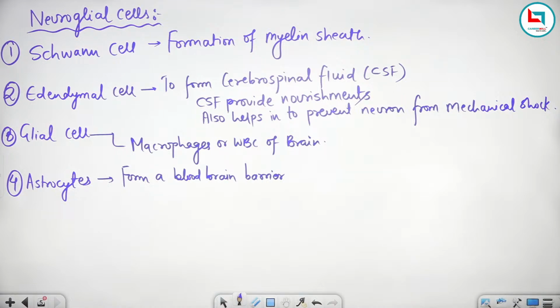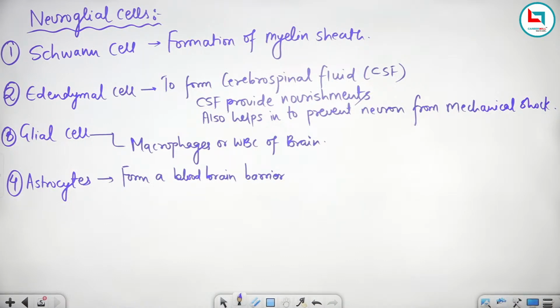So these are the neuroglial cells or the supporting cells of our nervous system. These different cells assist neuron for signal transduction or for control and coordination of the body.